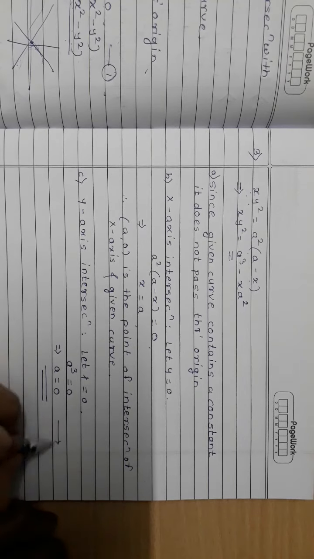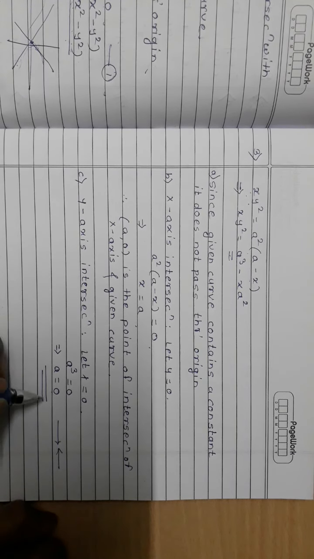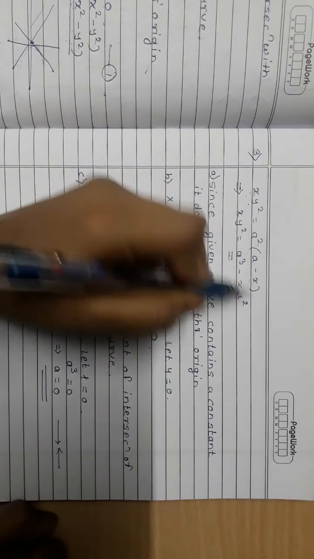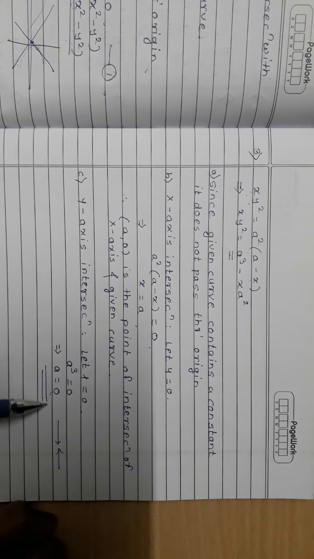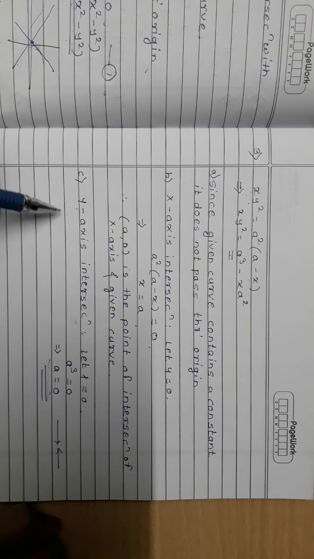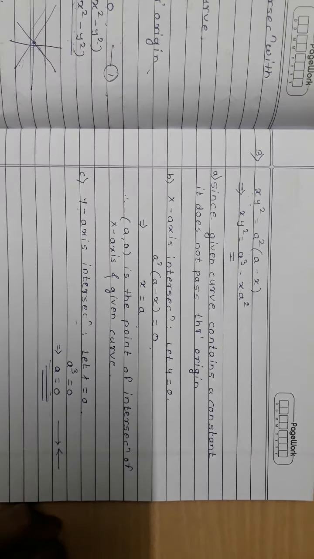This is just absurd. A cannot be 0, so there is no point of that equation. Yes, so this cannot happen, right? So given curve does not intersect y-axis at all. Okay, it intersects only x-axis. Okay, and that's the thing.